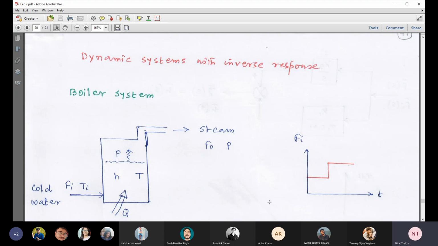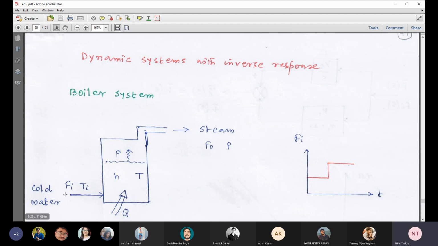So in this boiler, basically cold water is fed and heat is introduced. Then the cold water evaporates and steam is produced. This is the basic concept of a boiler that I think everyone knows.